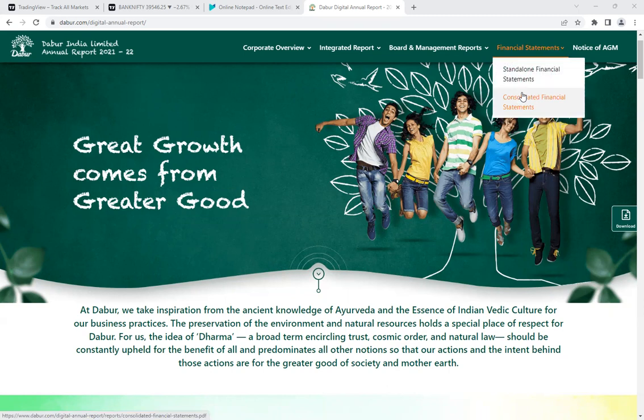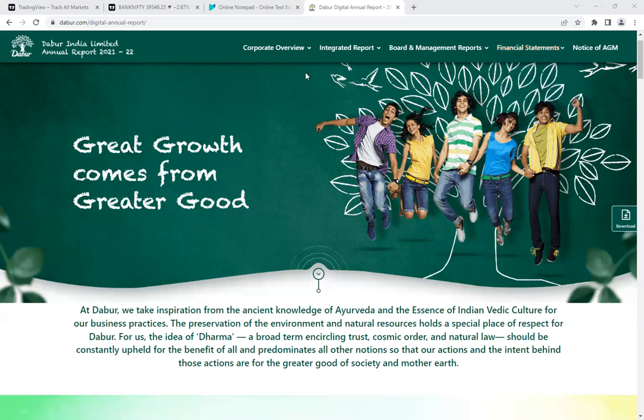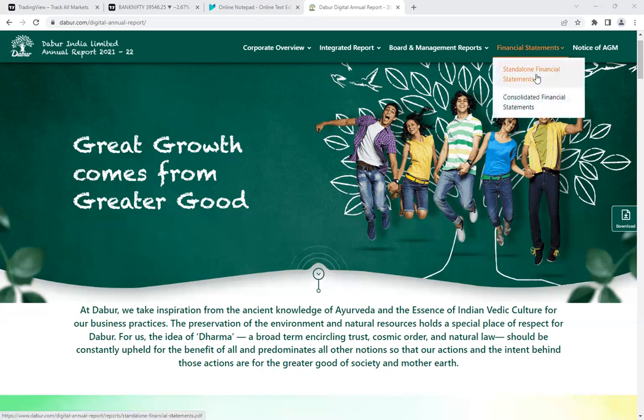If that company is giving some profits to Dabur, then they will mention that in the consolidated statement. If ABC is not doing well, that also impacts Dabur's performance, right? Because they have invested there. So consolidated means everything, the complete Dabur and its subsidiaries also. For now, let us focus on the standalone financial statement.